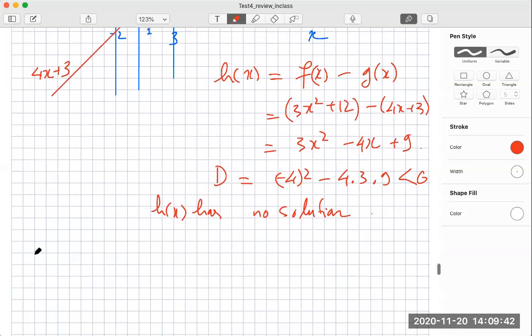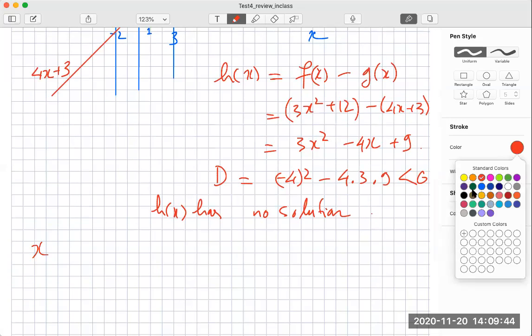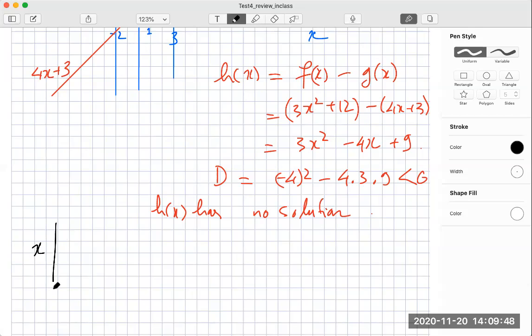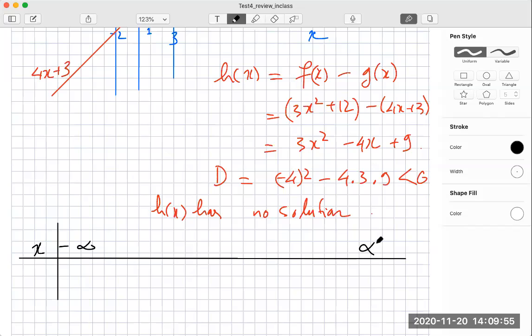If it has no solution, then in the table studying the sign of the function h of x, there's no solution. Then the sign of the function h of x is always the same as the coefficient of x squared, which is always positive.